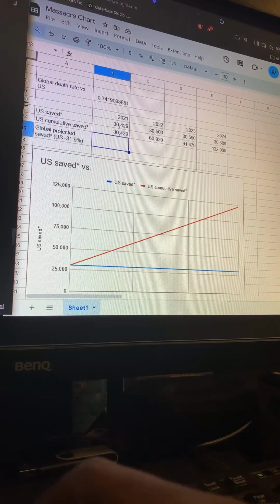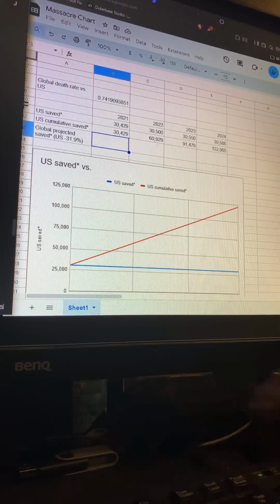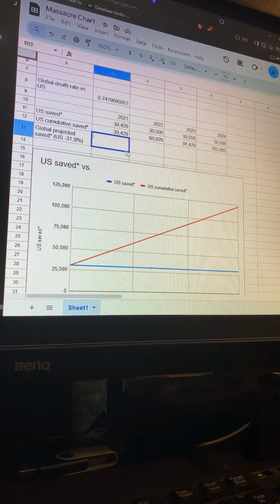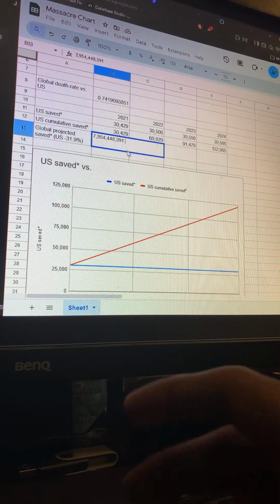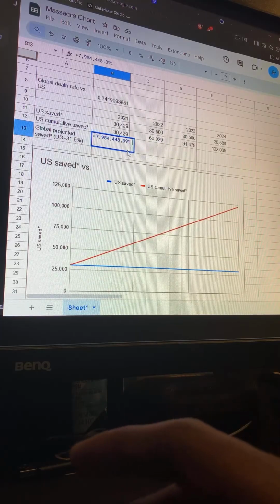patient 2021, and we're gonna punch this number in, and obviously it's very hard to get an accurate population number for all countries. Let's see, equals this.